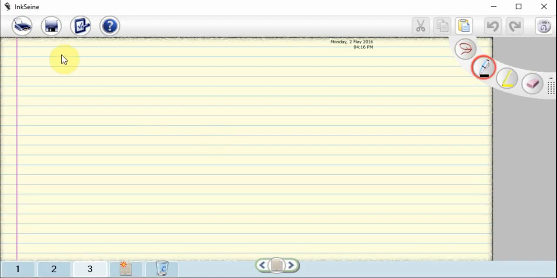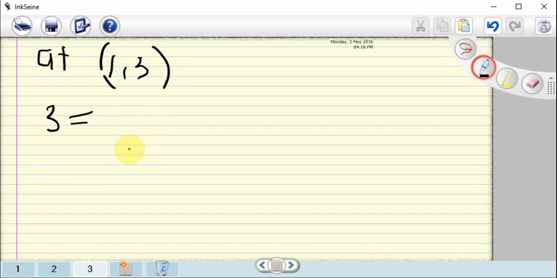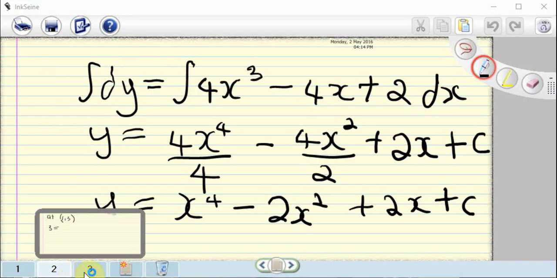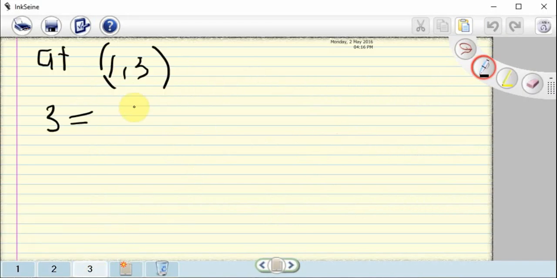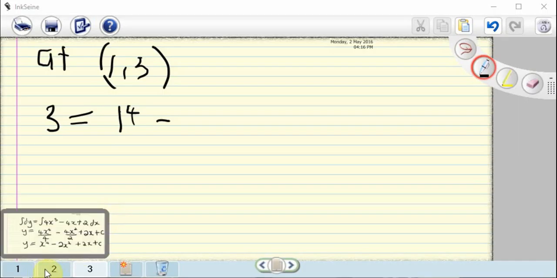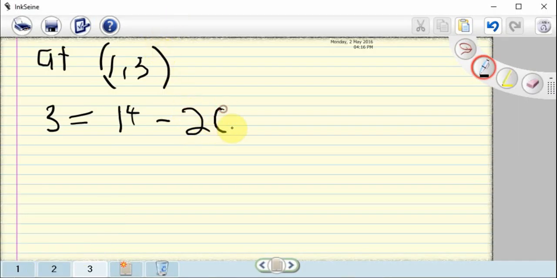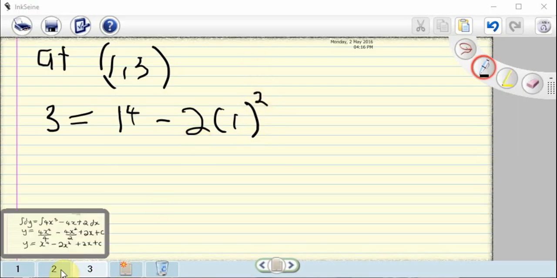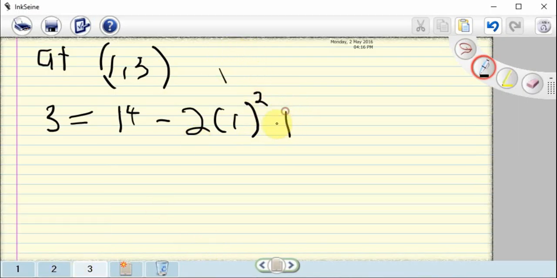So at (1, 3), 3 is equal to 1 to the fourth minus 2 times 1 squared plus 2 times 1 plus c.